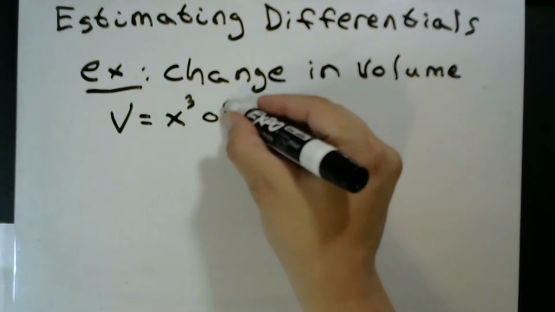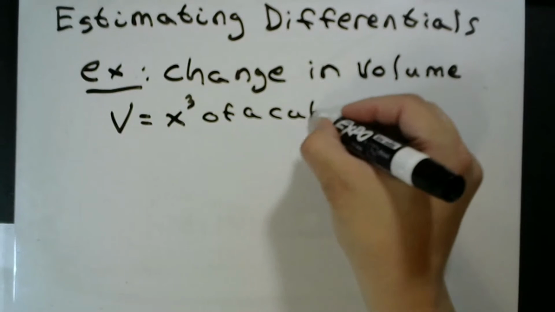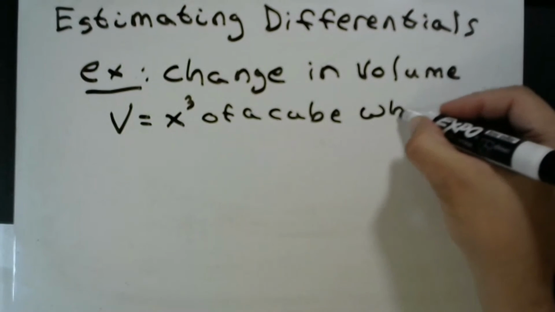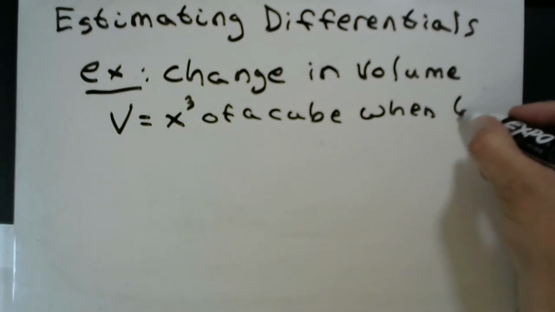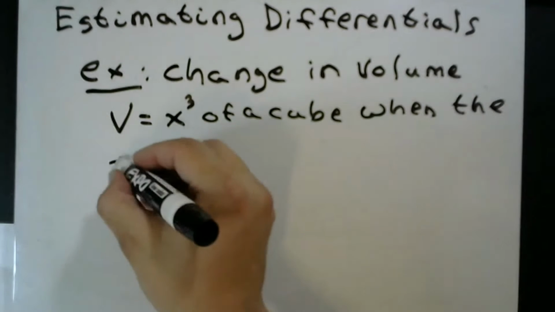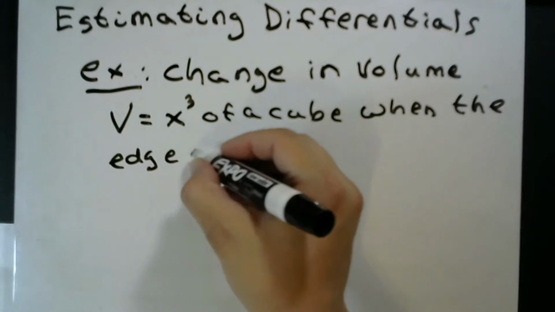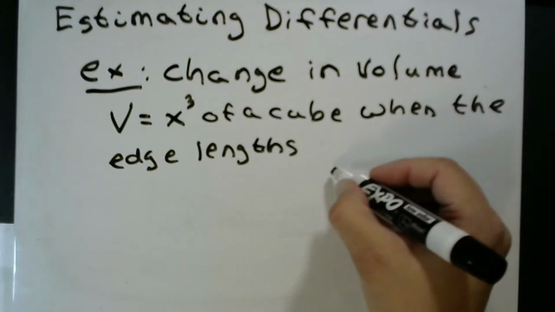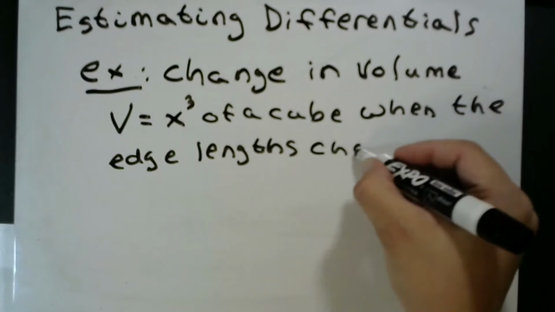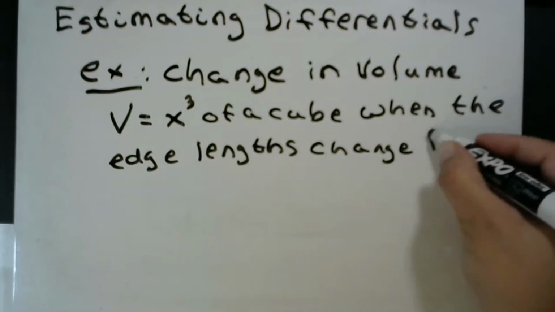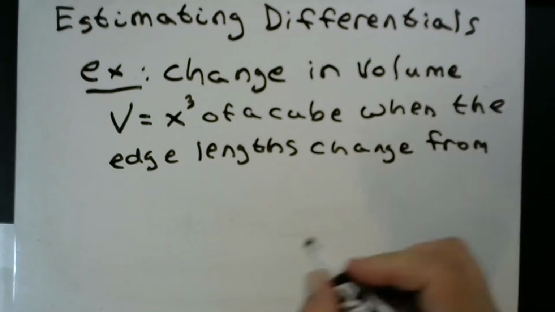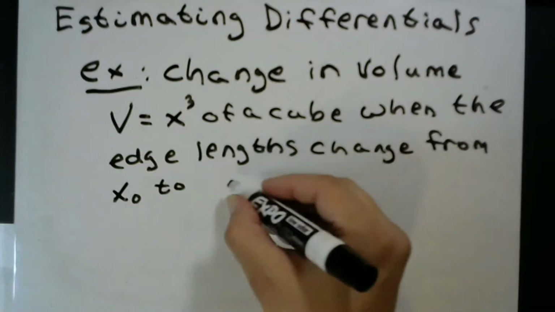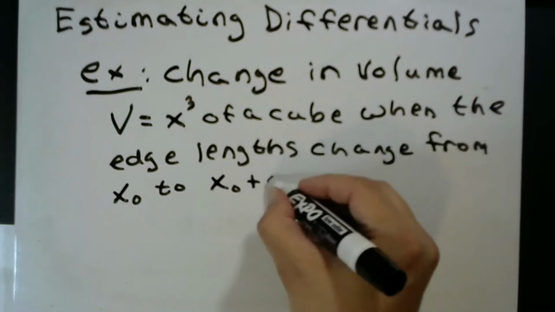So this is of a cube, when the edge lengths change from x0 to x0 plus dx.